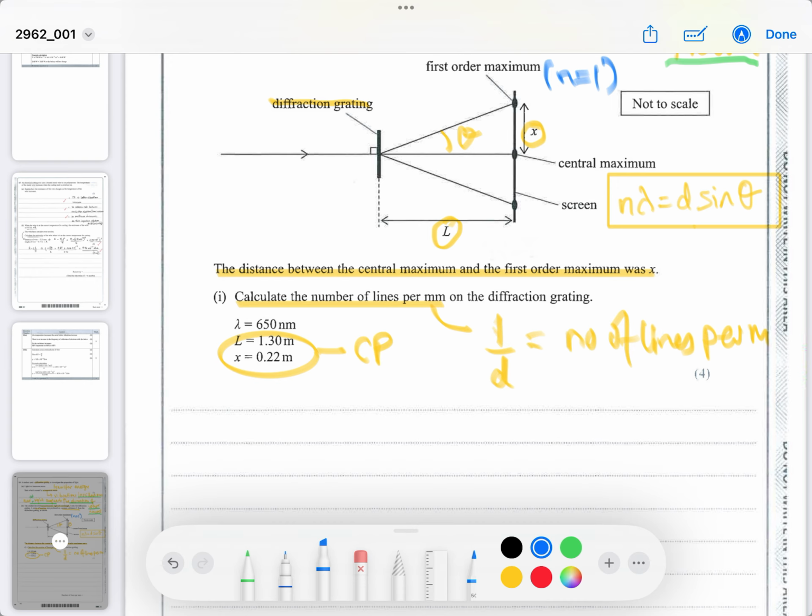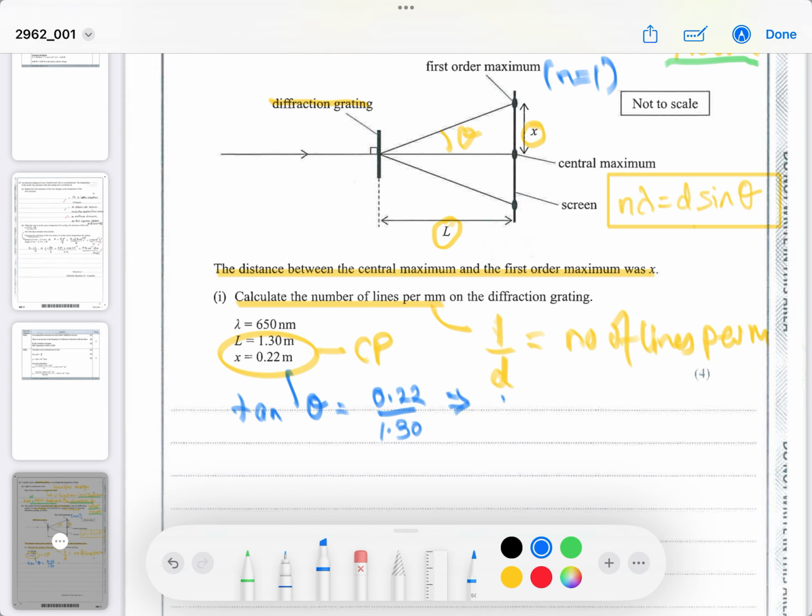So the data is provided, we first need to find sine theta. So first we need to find theta. Theta is from tan, because x is opposite the angle, and L is the adjacent. So tan theta equals 0.22 divided by 1.30, 2 decimal places.